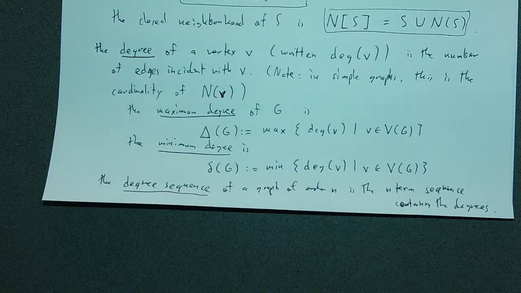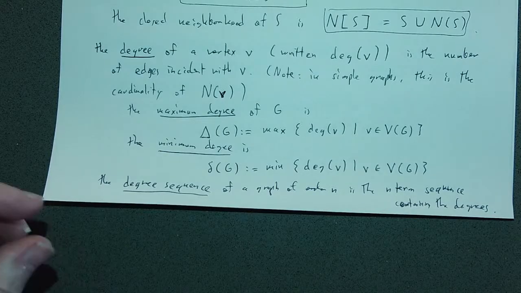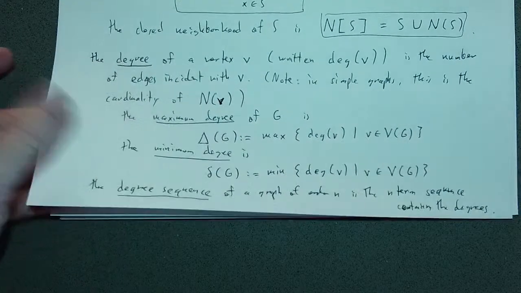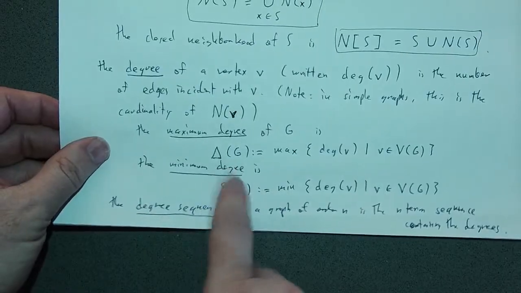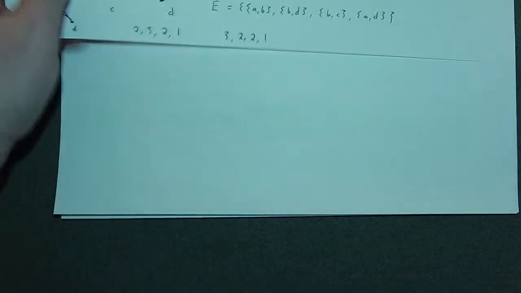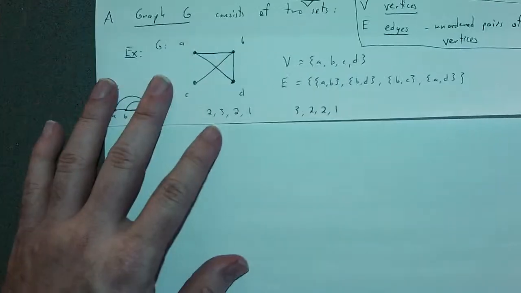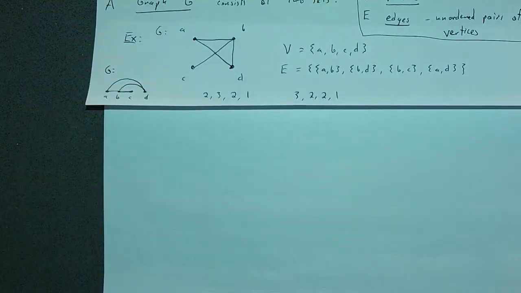Now, this is nice. So let's actually go back and use this graph to talk about some of these things. So let's go back to our first graph here. There it is.